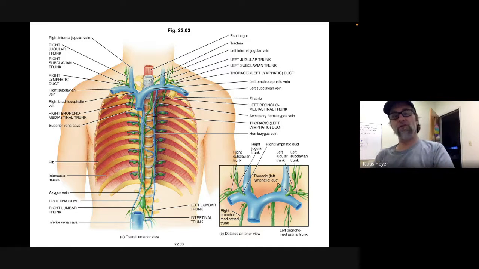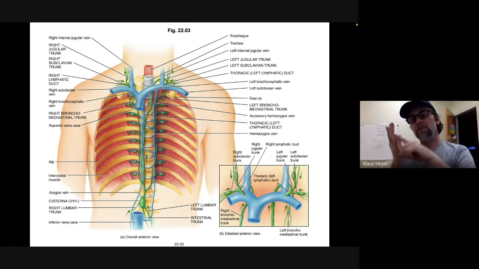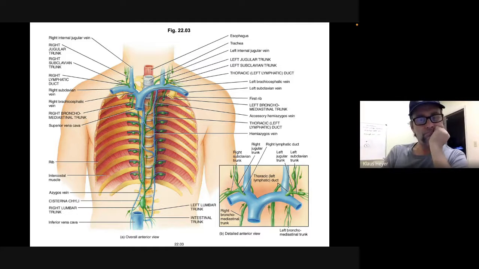So you've got 5 trunks: lumbar, intestinal, bronchomediastinal, subclavian, jugular. So 1, 2, 3, 4, 5. 5 trunks.